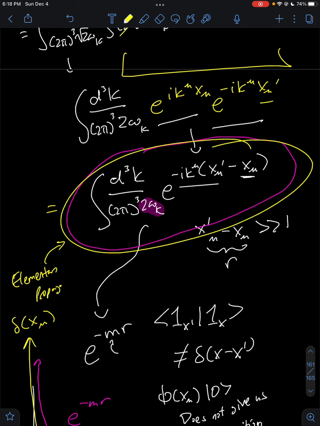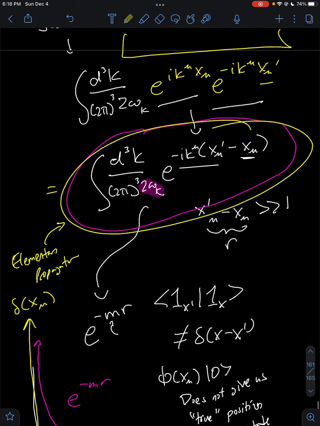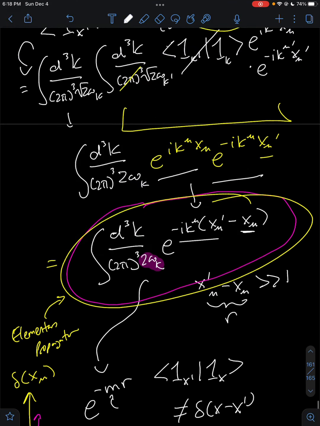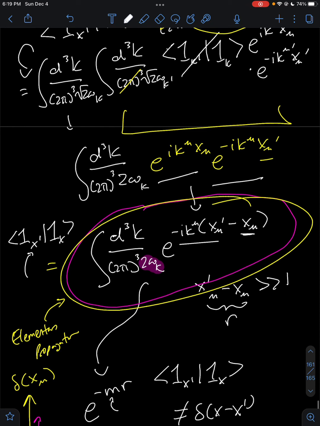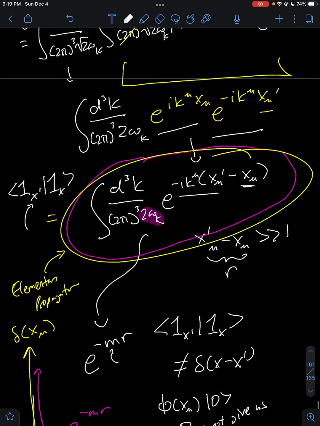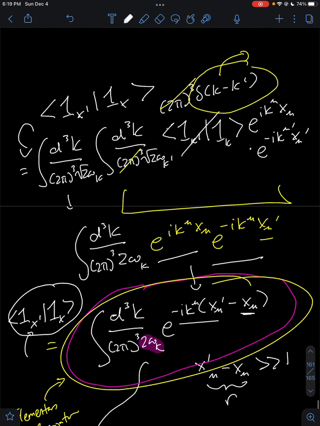The elementary propagator tells us the probability amplitude that one particle that's around some position x propagates to some new position x prime. Again, it's not a precise position eigenstate, but it's approximately one. And we call this expression, this inner product, the elementary propagator.